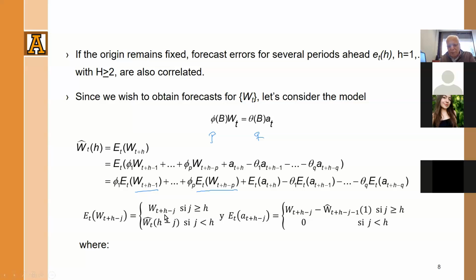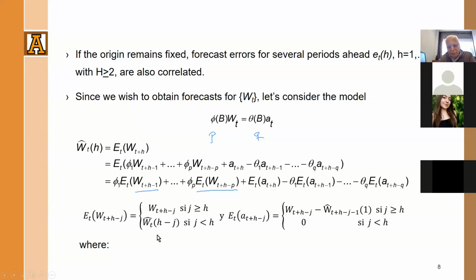If h is equal to 1 and j is equal to 1, I have t plus 1 minus 1, that'll be WT, and then WT minus 1, WT minus 2, and so on. So that's already in the past. So it's what we observed.